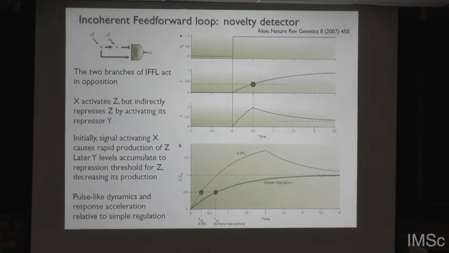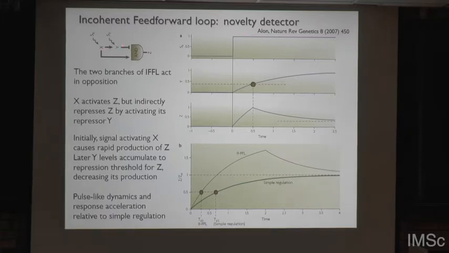On the other hand, an unbalanced triad would act as a novelty detector, or something which is capable of adapting to a sustained stimulation. Again, you can see that if you give a sustained signal to X, what happens is that X remains on for as long as you keep the signal on.